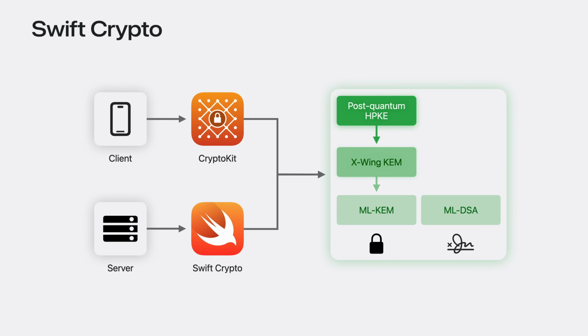Note that because these quantum-secure APIs are implementations of standardized protocols, you can use any standards-compatible library on the server side. With these new quantum-secure APIs in CryptoKit and Swift Crypto, you now have the tools to protect your app from quantum attacks by migrating to quantum-secure cryptography. Check out the sample code in the video resources for more examples of how to use these new APIs.